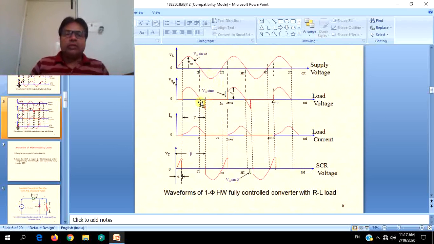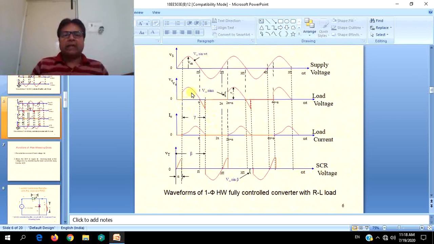So the load will experience some reverse voltage during this region. Voltage will be negative but current will be positive, and the same cycle repeats when the SCR is fired at 2 pi plus alpha. Again current is discontinuous, voltage is also discontinuous, and voltage is also negative for some time.